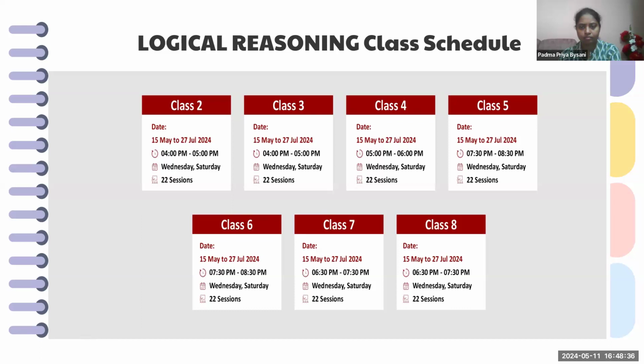Are the classes going to happen together? If you see, the 7 and 8 timings are the same, class 4 timing, and class 2 and 3 timings are the same, because the syllabus for logical reasoning for these classes is the same, so these classes are together. Okay, thank you.